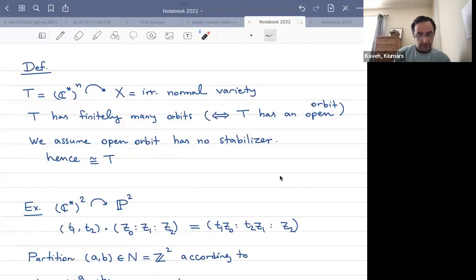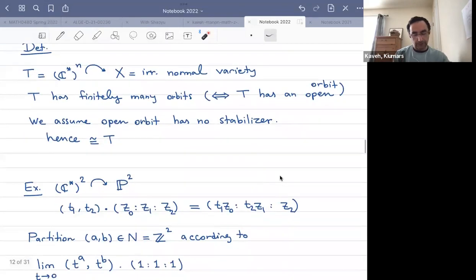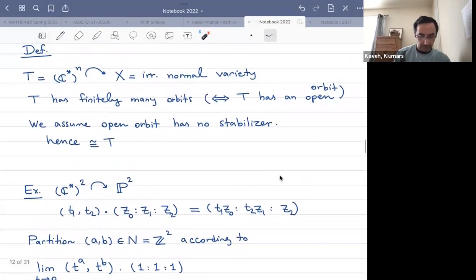Without losing generality, you can assume the open orbit has no stabilizer, so it's T. So basically, you have a variety that has an open subset isomorphic to T, with an action of T. One of the orbits is isomorphic to T, and the other orbits are at the boundary of that open orbit.